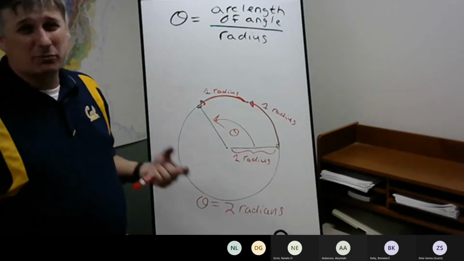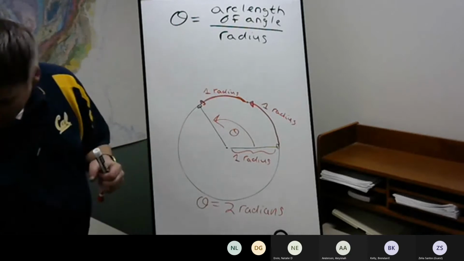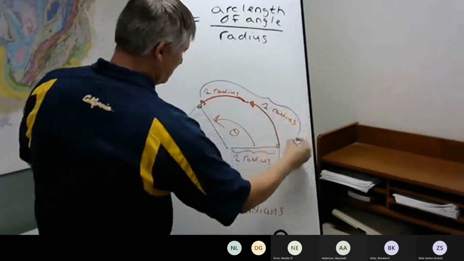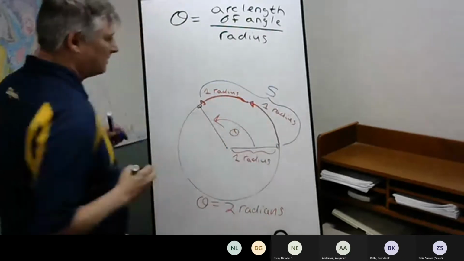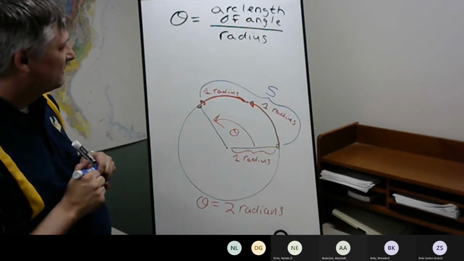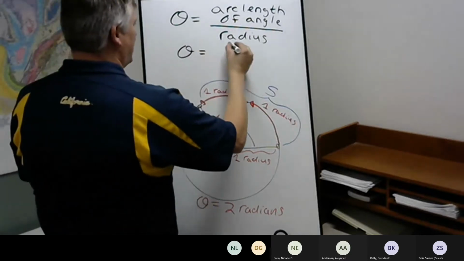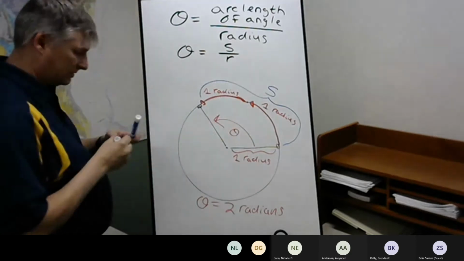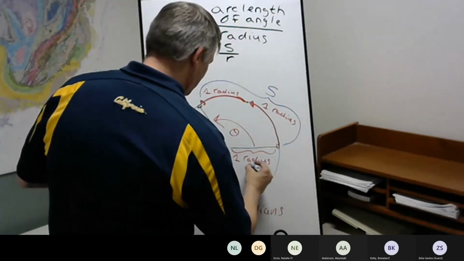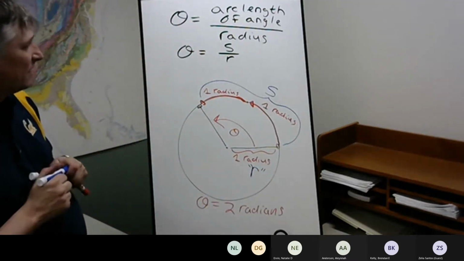Now arc length is usually represented by the letter S. So this entire thing is represented by S, and that's the entire arc length. So theta is S over R, and we usually represent radius with the letter R.